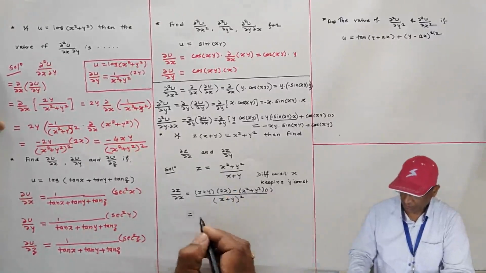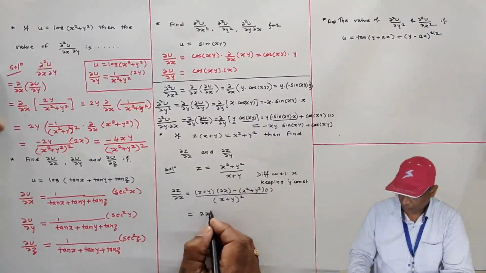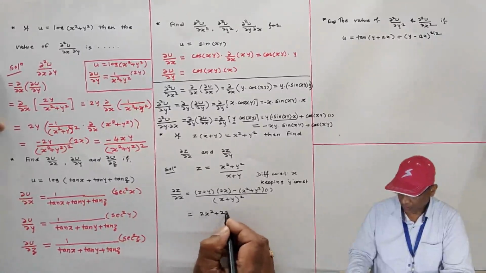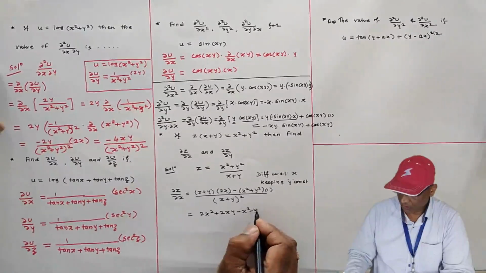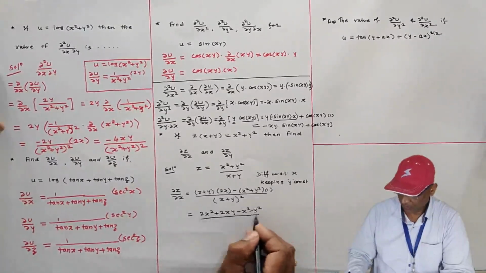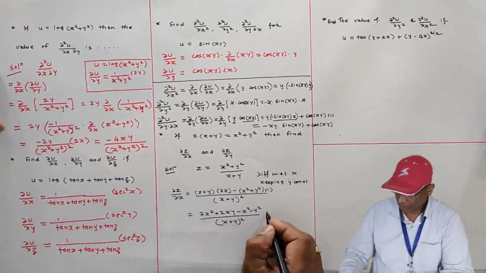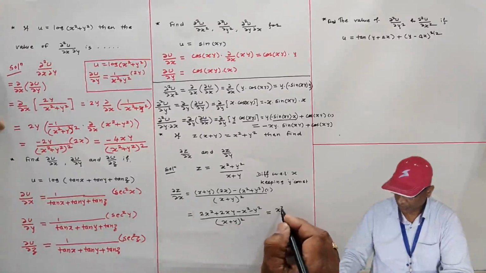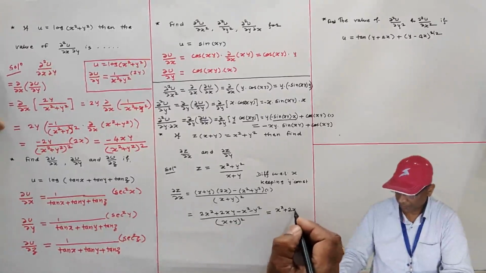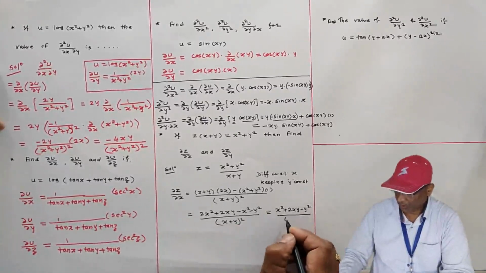And this is equal to, you can simplify, 2x into y, 2xy, minus x square, minus y square, divided by the same thing. So you can simplify for one more step. 2x square minus x square is x square, plus 2xy minus y square, divided by x plus y.